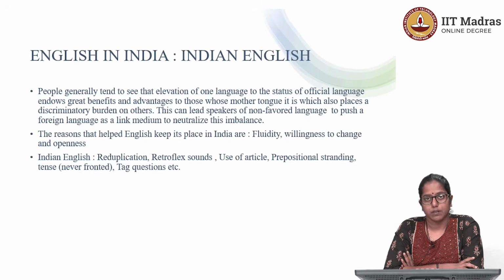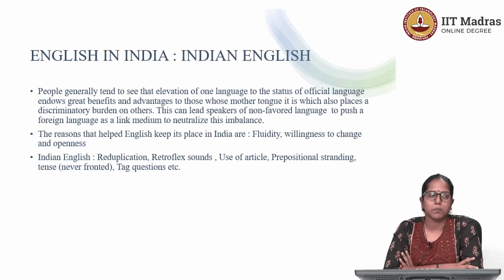We need to say "and a fat man." Similarly, another example of wrong use of articles is "we are going to temple." You need to say "we are going to a temple," or "we are going to the temple you visited last week." There again, you need to have an article before the word temple.